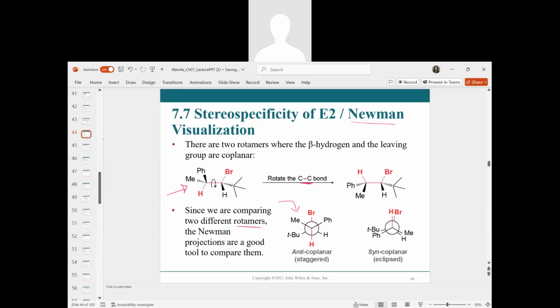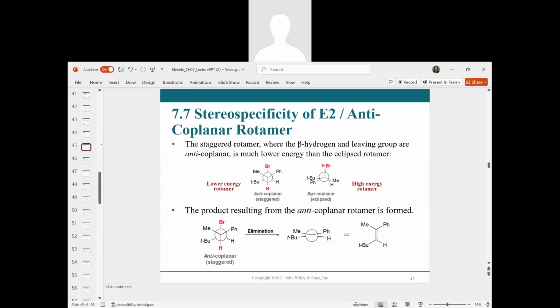conformation. And then over here, we see that we have our hydrogen and our bromine that would be eliminated in a syn-coplanar orientation. So the reason that only one of these conformations will produce an elimination product is that the anti conformation is much lower in energy.